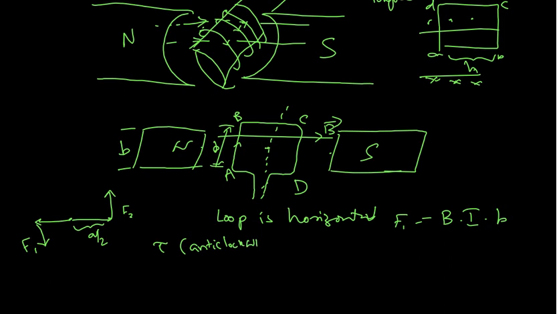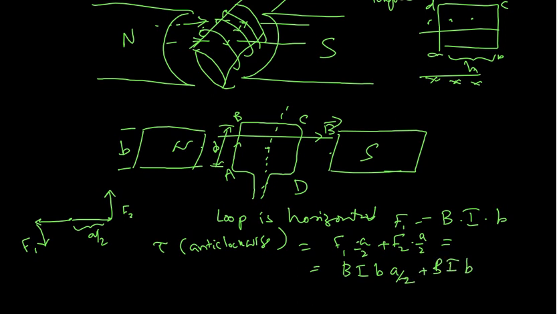equals F1 multiplied by a by 2 plus F2 multiplied by a by 2. You can't just add them unless F1 and F2 are equal; if they are equal, then you can substitute what you got. You got IbB, right? So F is bIB. That's equal to BIb a by 2 plus BIb a by 2.